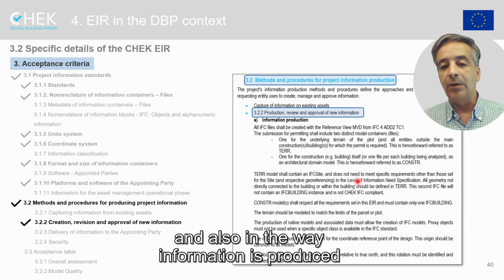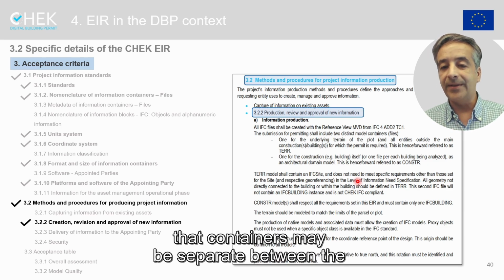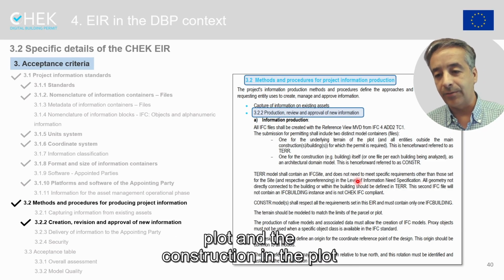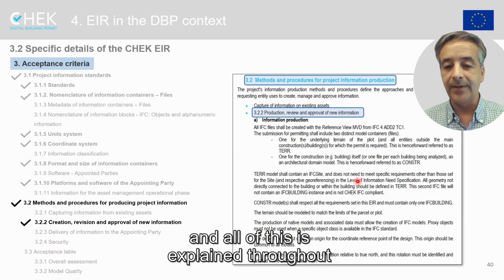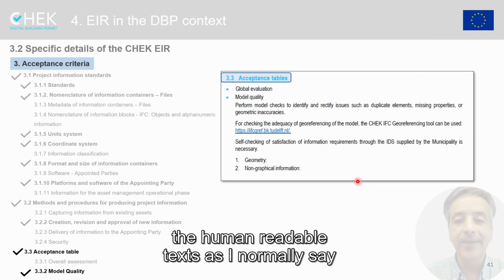So you will see these adaptations in this EIR. And also in the way information is produced, containers may be separate between the plot and the surrounding construction, or the plot and the construction in the plot, and you will need to use the disaggregation of IFC with the IFC building and the IFC site, and all of this is explained throughout the human readable text, as I normally say.